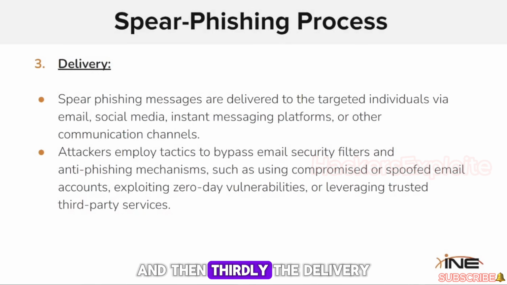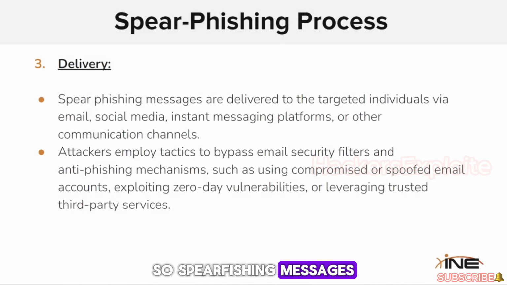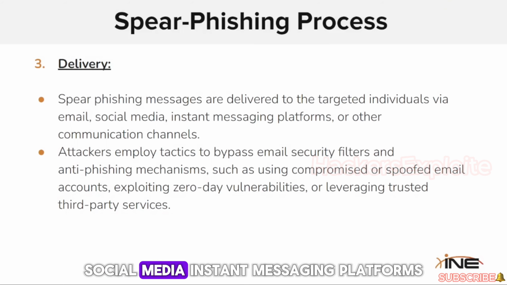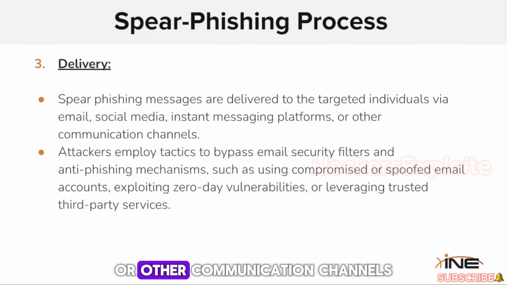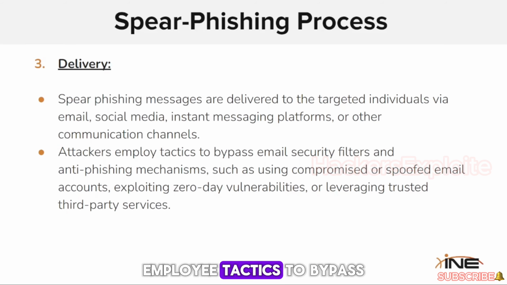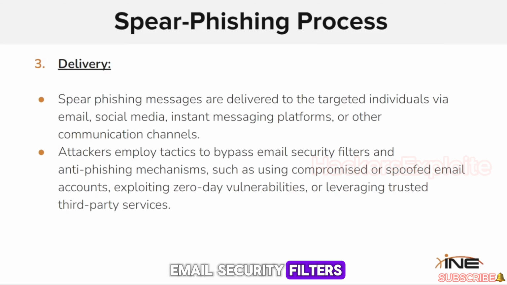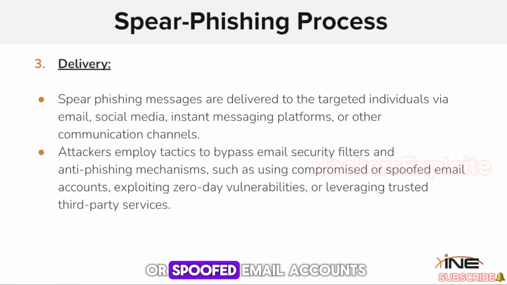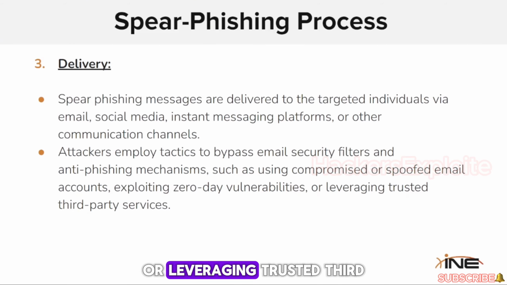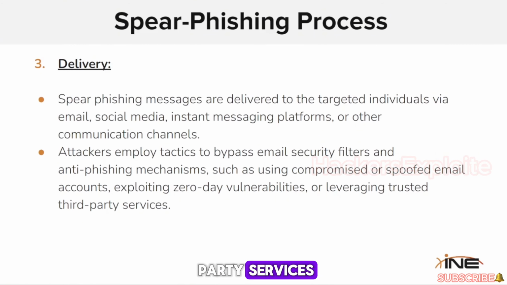And then thirdly, the delivery. Spear phishing messages are delivered to the targeted individuals via email, social media, instant messaging platforms, or other communication channels. And attackers employ tactics to bypass email security filters and anti-phishing mechanisms such as using compromised or spoofed email accounts, exploiting zero-day vulnerabilities, or leveraging trusted third-party services.